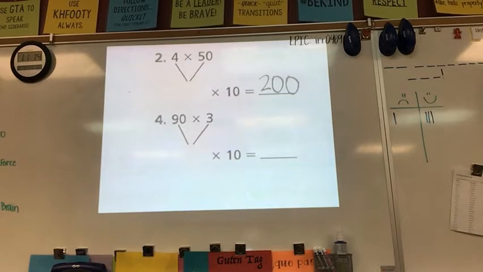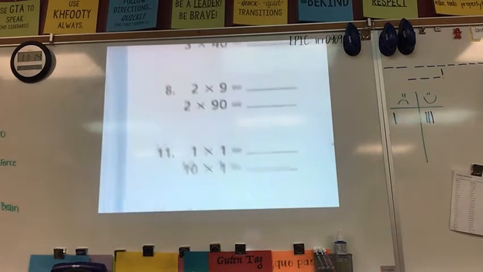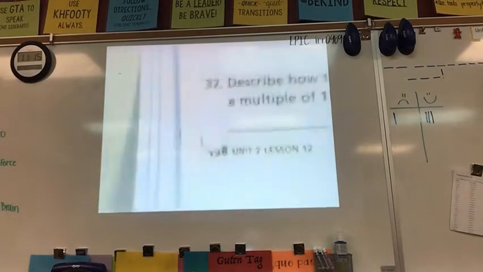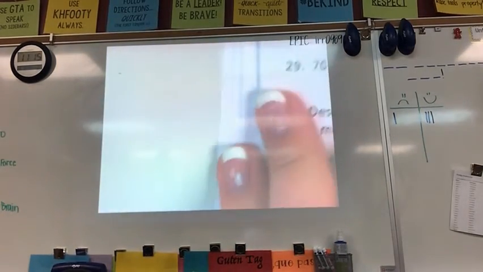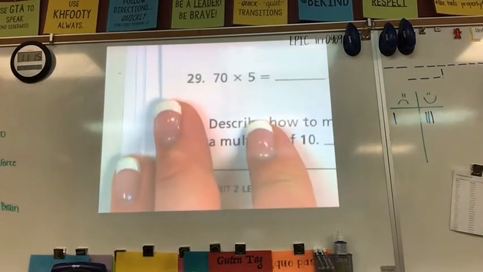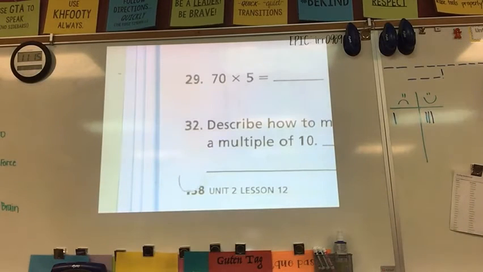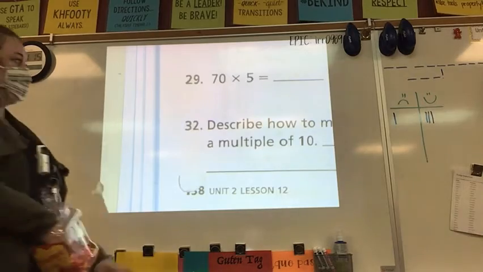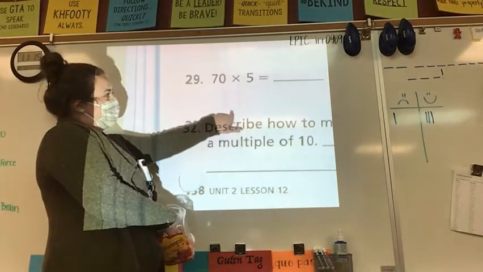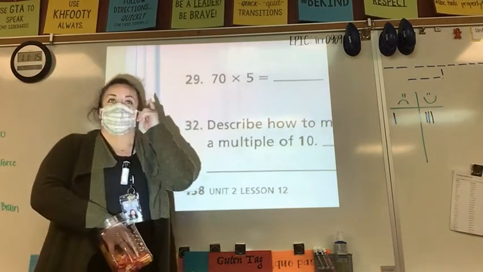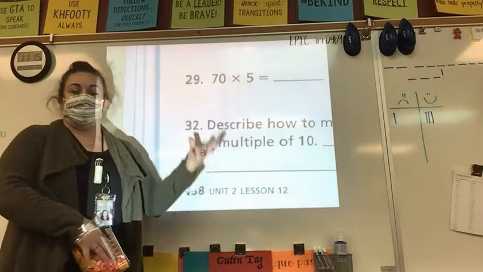My next problem, I'm going to go backwards. 70 times 5. Miss Macy, birthday girl number 1. So first, Macy, you would think, what is 7 times 5? 35 with the extra 0 or 10 times more is 350.